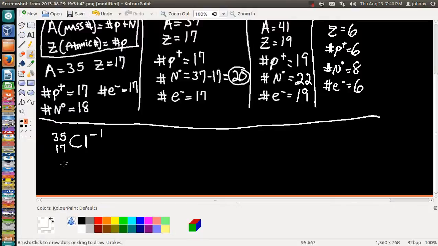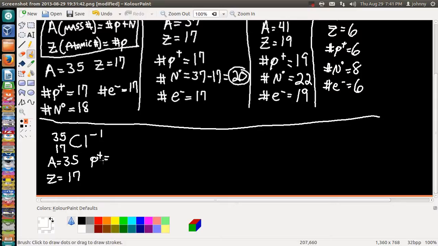Okay. Now, let's fill in our values. Our value of A, which is our mass number, is 35. Our value of Z is our atomic number, which is the number of protons, and it tells us it's the 17th element on the periodic table. This should be a 17. Now, proton count.